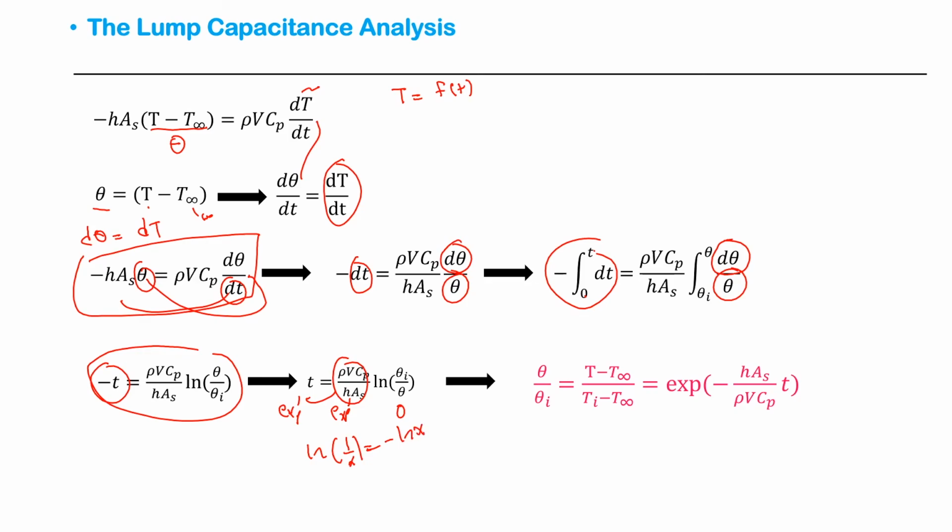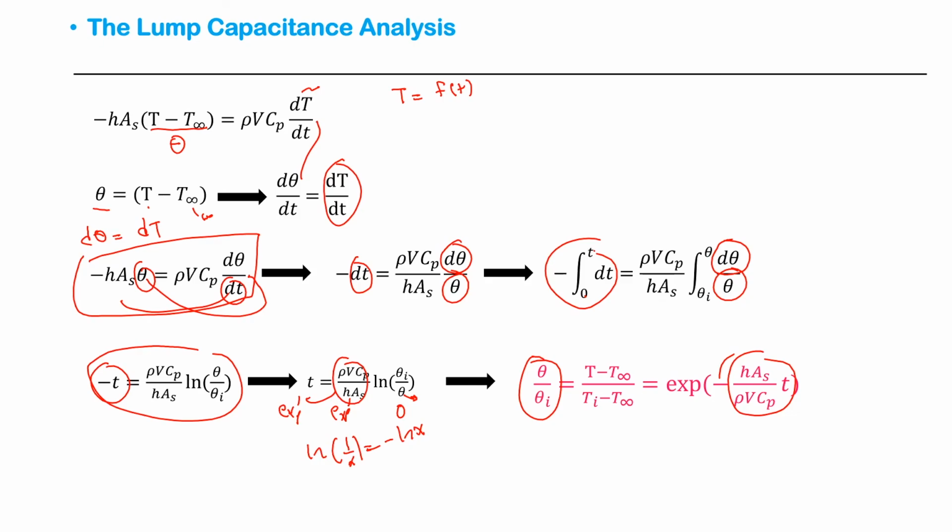We are interested in finding theta, so if I take the reciprocal of this, I need to multiply everything by minus 1. That's why I'm getting a negative term here, and everything else here is combined. So we have theta over theta I is equal to the exponential of the product of these terms.